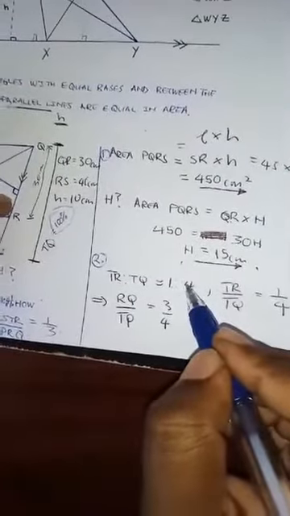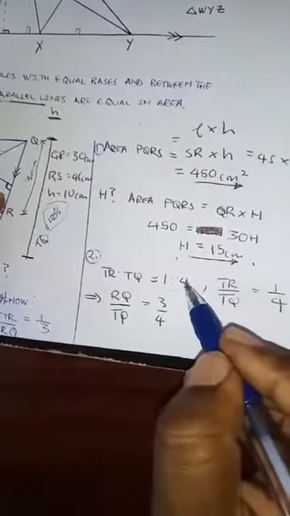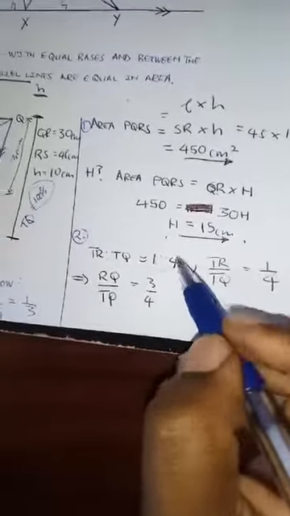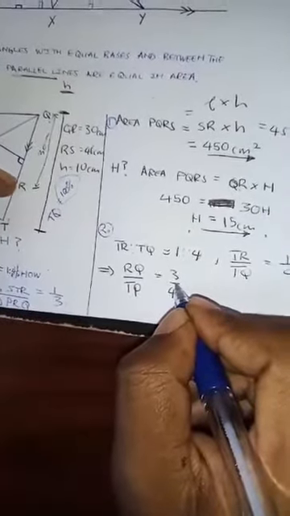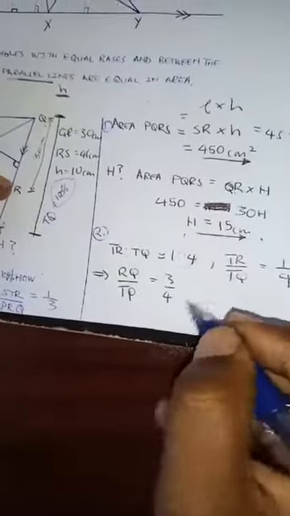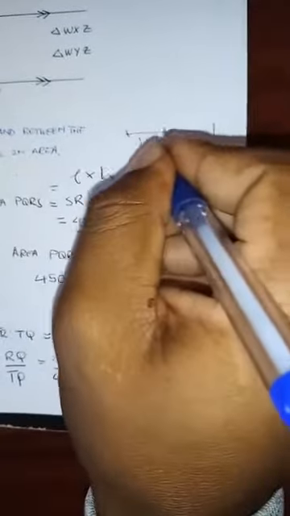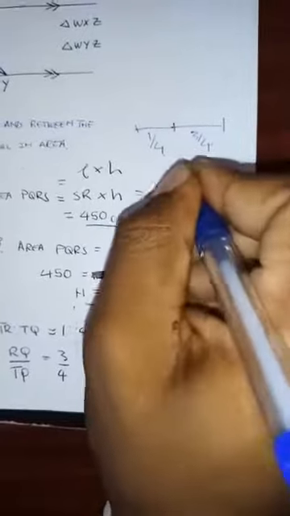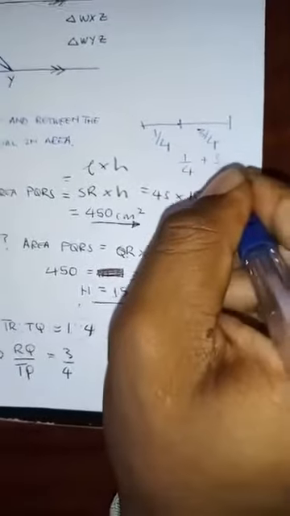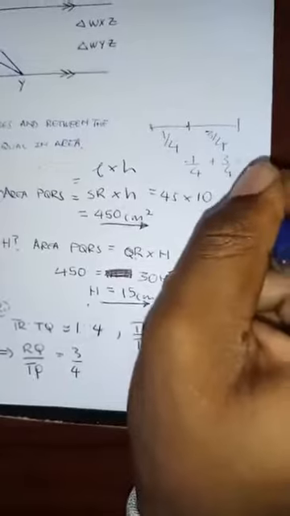So what does it mean about the remaining part? The remaining part is RQ over TQ. The remaining part must be 3 over 4, so that TQ over TQ would be 1. So what am I saying to you? If this part is 1 over 4, then this part should be 3 over 4, because you have 1 over 4 plus 3 over 4 being equal to 4 over 4, 1.